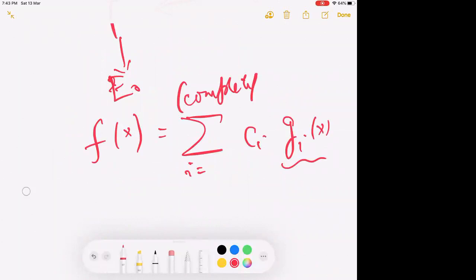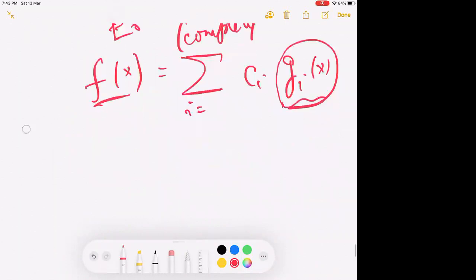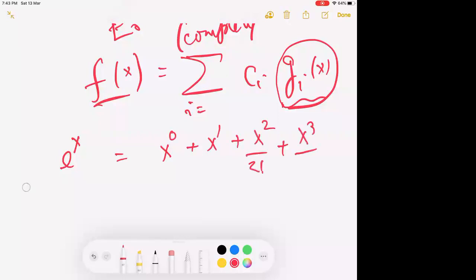One function can be expanded in terms of a complete set of known functions. I will give you an example. e to the power x: how do I write it? x to the power 0, that's 1, plus x to the power 1, plus x squared by 2 factorial, plus x cubed by 3 factorial, and so on.